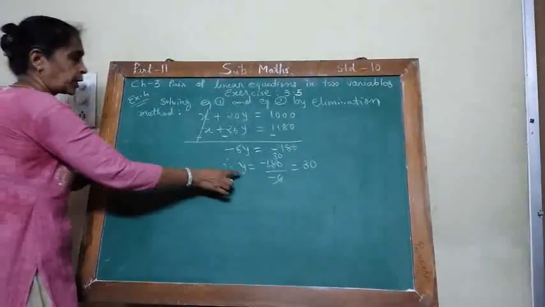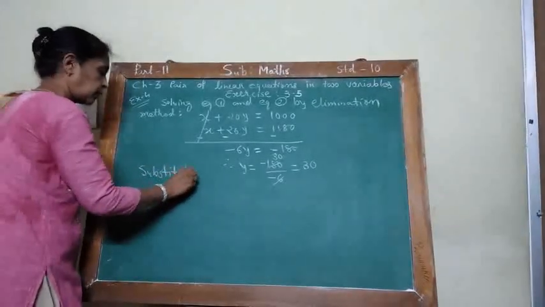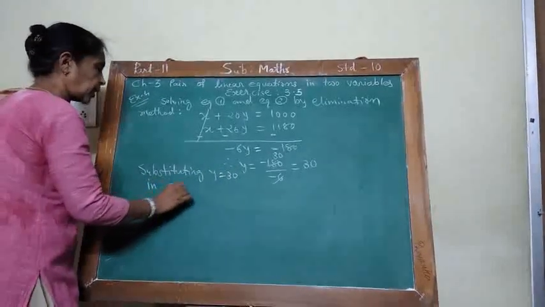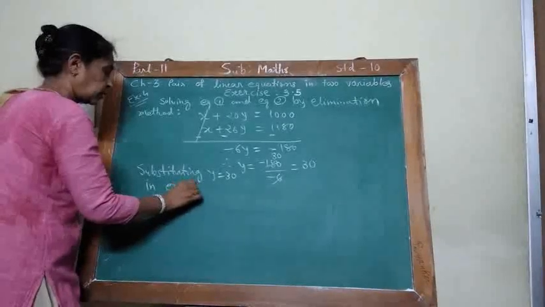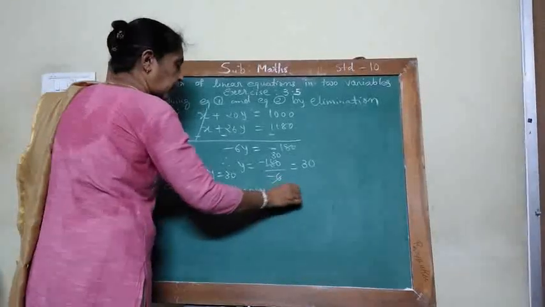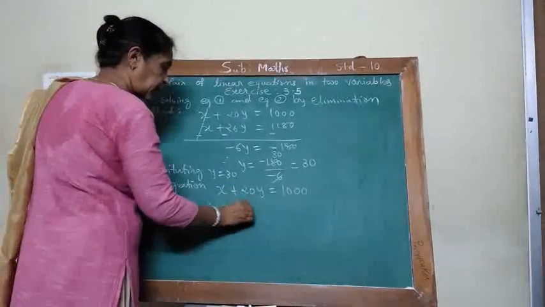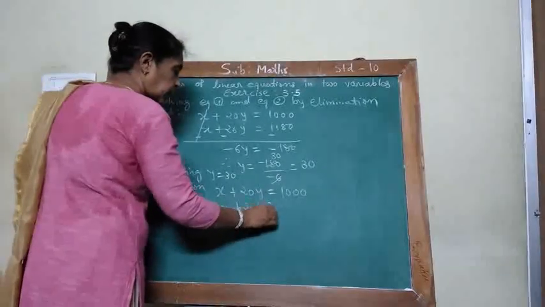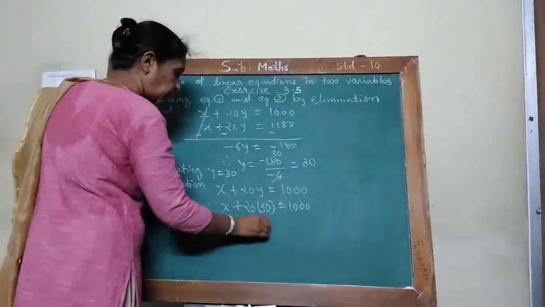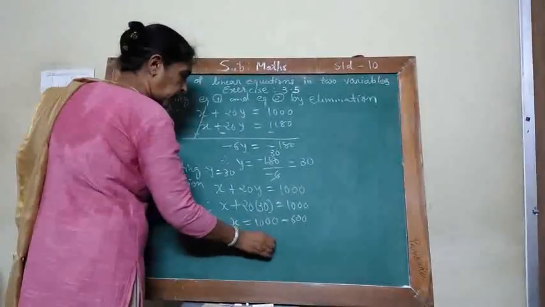Now substituting y equal to 30 in equation x plus 20y is equal to 1000, therefore x plus 20 into 30 is equal to 1000, and therefore x is equal to 1000 minus 600, and that is equal to 400.